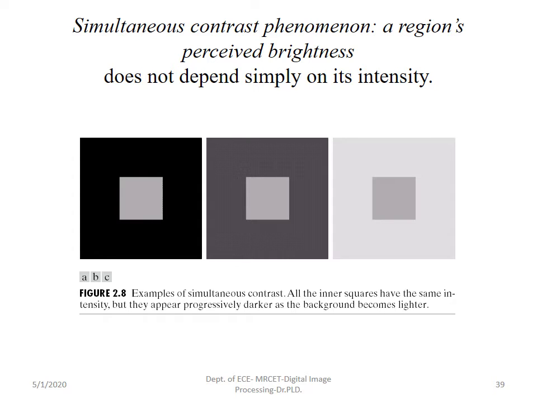But here the object appears to be the same color, though the background has become brighter compared to the black. If you decrease the black and increase the white, the background appears like this. But even if the background is white, this object appears to be this color.